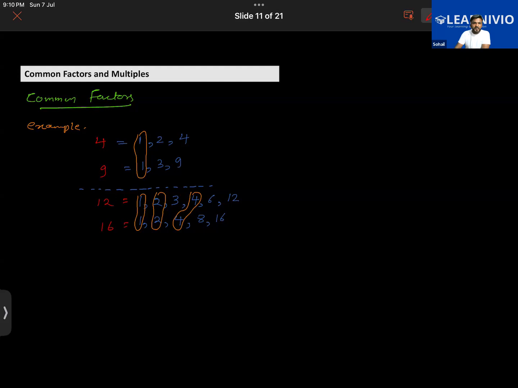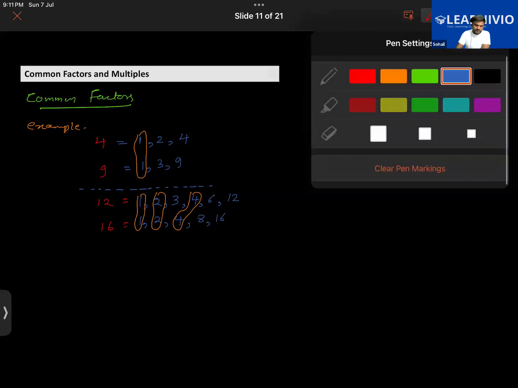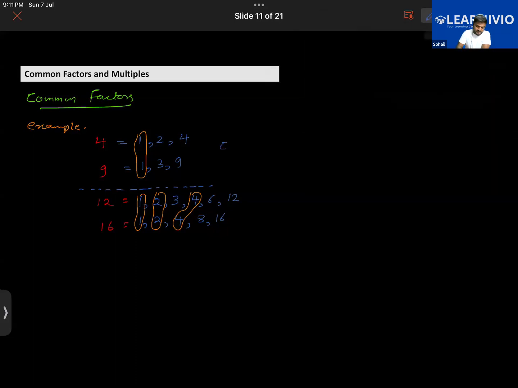So when you have any two or more than two given numbers, and they share the factors which are common to both of them, they are called common factors. For example, the common factor for the numbers 4 and 9 is 1 only.